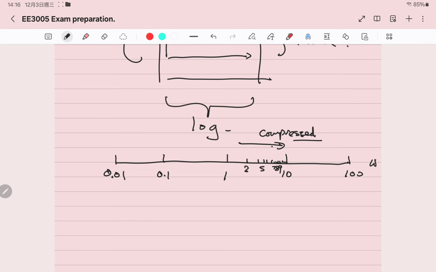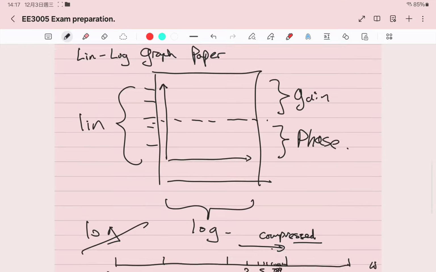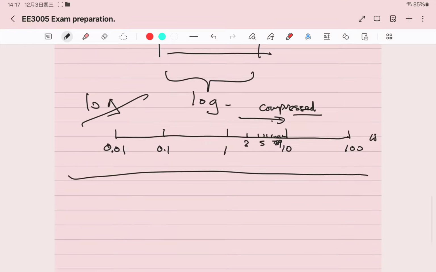If you get this wrong, taking it to the left hand side, everything will be wrong. So this is the log scale. If you don't know what a log scale is, I don't know how you can pass your exam. So this is on the lean log graph paper.